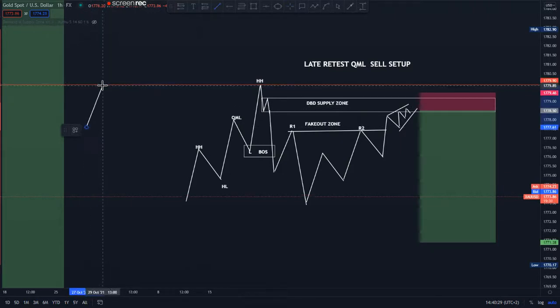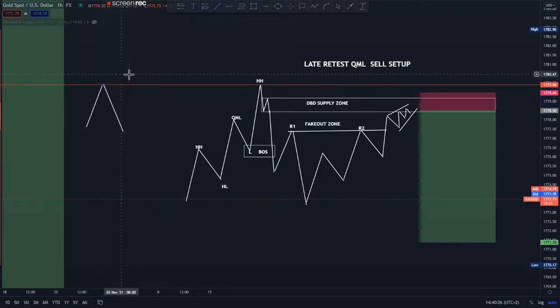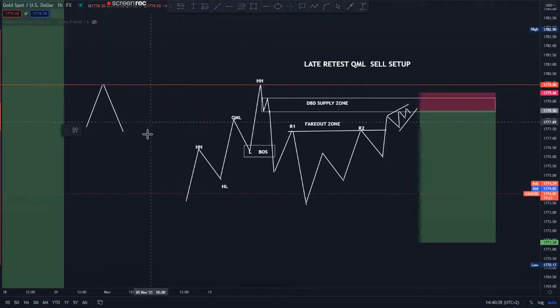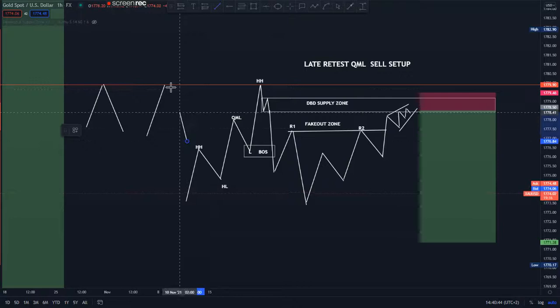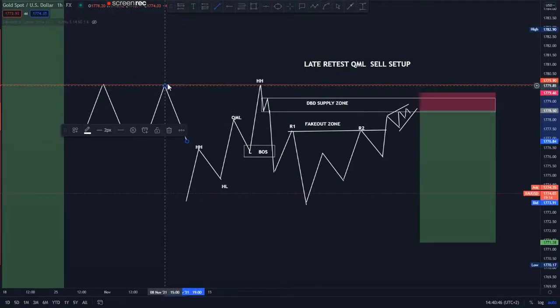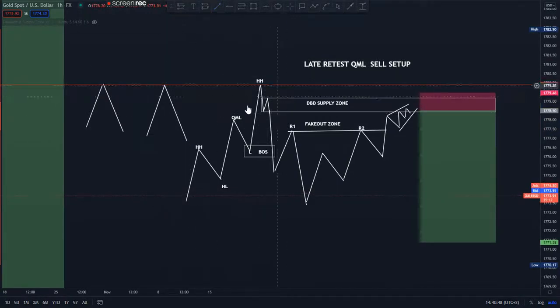If you have structures coming to this level and bouncing from the same level in the past, you want to avoid such an area, because such a setup is less likely to work. Price will just push through to the upside. Don't trade such a setup.